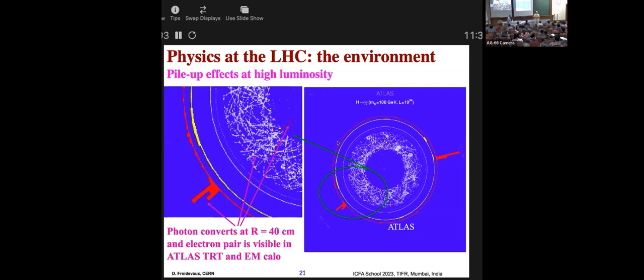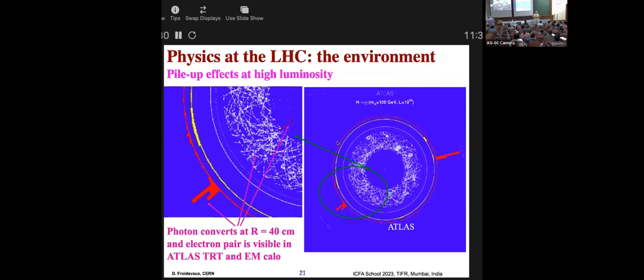And pileup is still a huge concern, because now we go to 200 events of pileup, not 50, 200 or more. And it's being treated, if you want, as a stochastic noise, because we know now the physics of pileup, so we're sure about the physics. What we have to deal with is basically the noise it produces, which distorts the response of the detector.